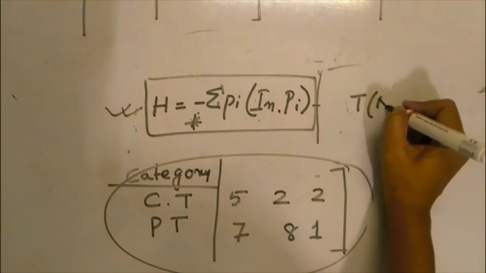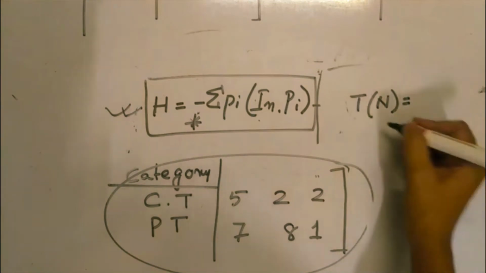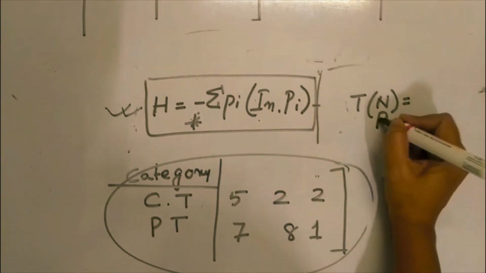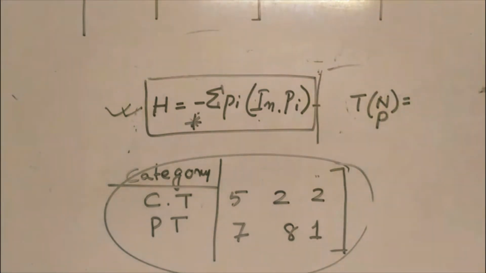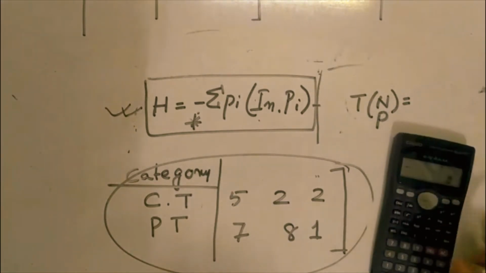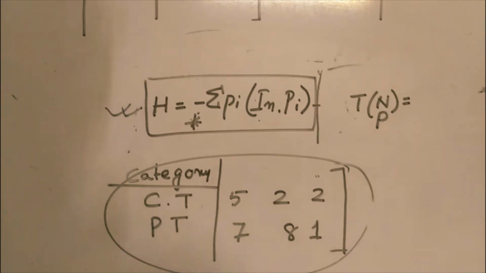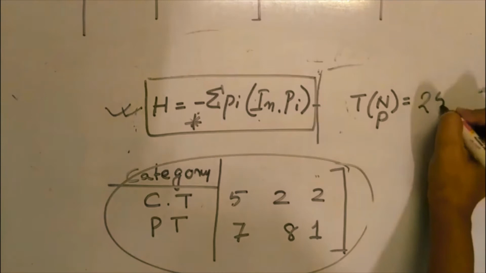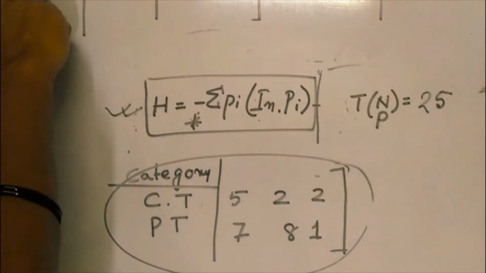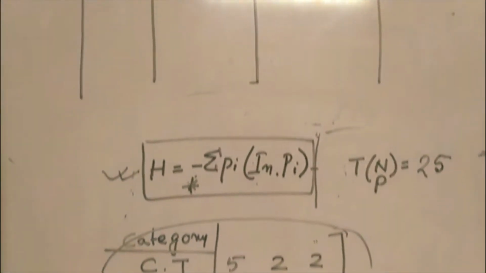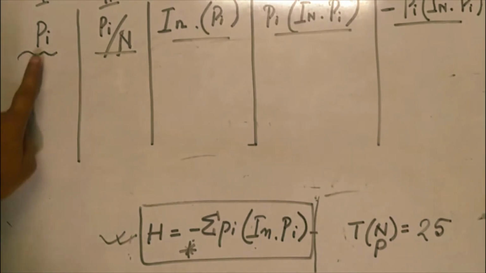It is sometimes defined by capital N, sometimes by capital P. So you have to add all these through the help of a calculator: 5 plus 2 plus 2 plus 7 plus 8 plus 1. So the total number of trees is 25. Pi is the individual plant species.